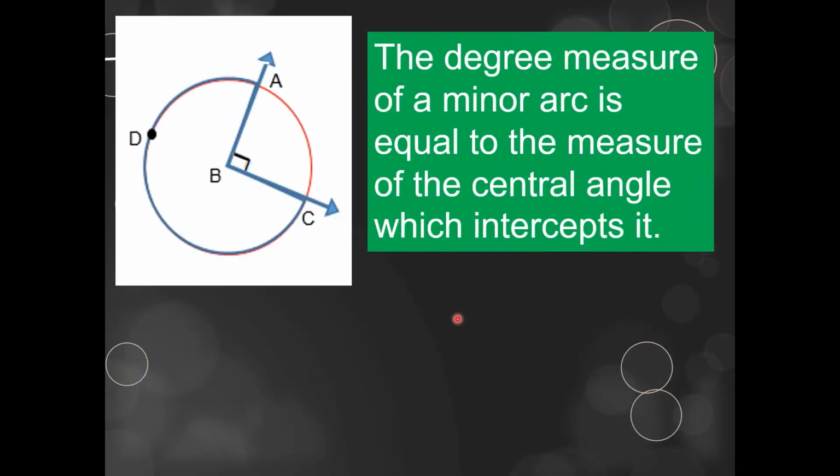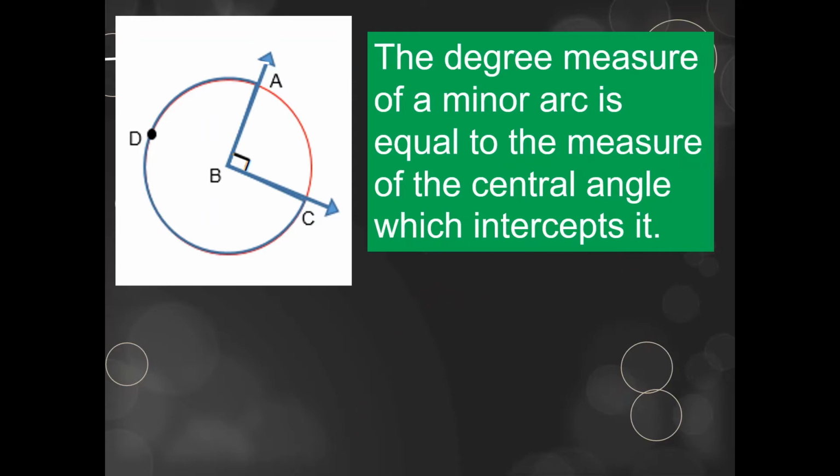In this figure, we have central angle ABC, wherein AC is its intercepted arc. It says here that the degree measure of a minor arc is equal to the measure of the central angle which intercepts it.